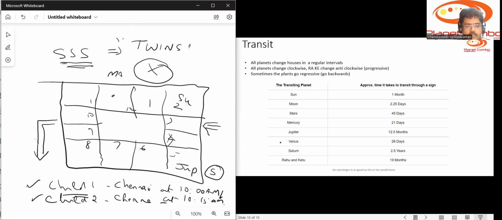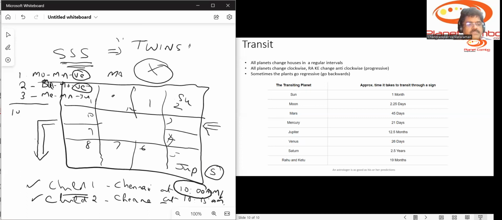Now, one tip I'll give you is about the SSS of a cusp, right? Let's say cusp 1 for a particular native is Moon, Mars, and Venus. Okay. Cusp 2, let's say it is Sun, Moon, Venus. Cusp 3 is Mercury, Mars, Jupiter.